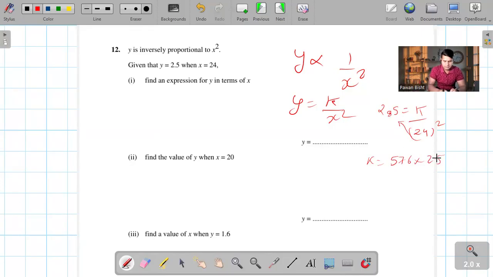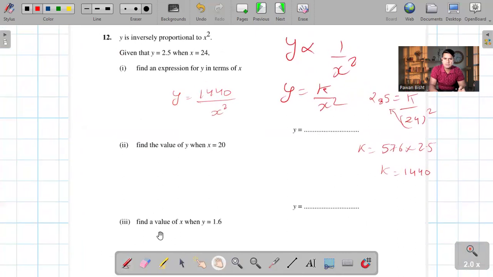Multiply 576 times 2.5, 1440. So k is coming 1440. So what is the value of y? 1440 over x square. Okay.